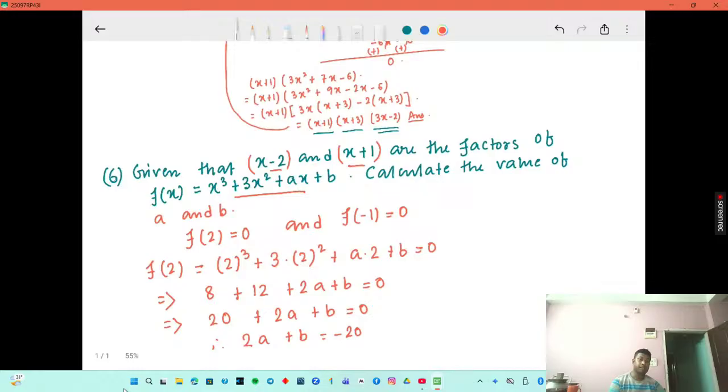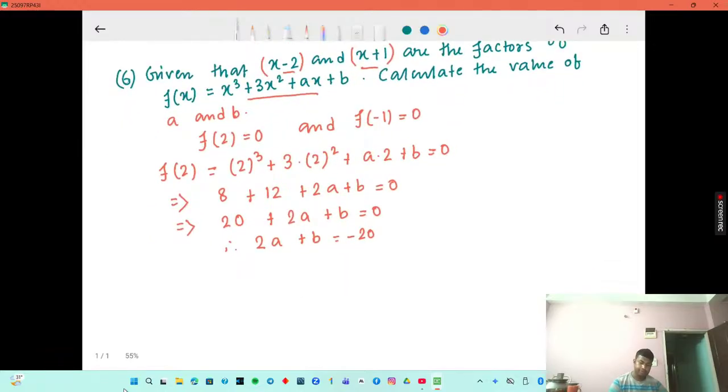But here we can see that in the given equation there are two variables, that is a and b. So in order to get the values of a and b, we have to solve two equations. Okay, so now the second equation we will get by putting f(minus 1), meaning the value of x is minus 1.